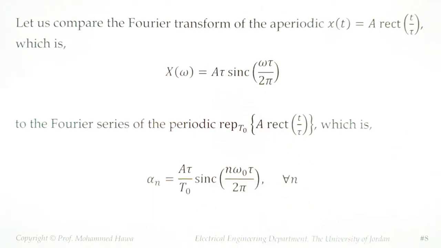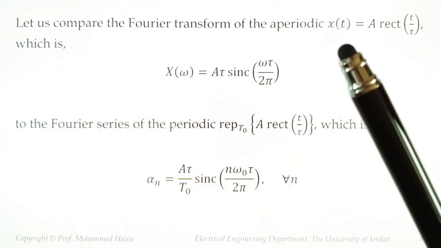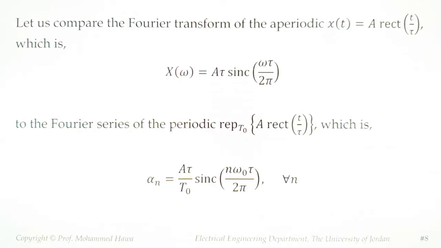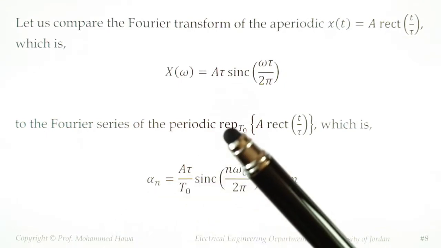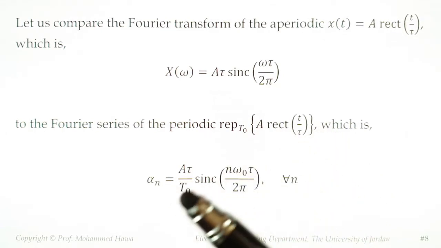It's a discrete variable that is multiple of the fundamental frequency. The observation here is that if you memorize one of those answers, say the Fourier transform of a single rectangular shape, you can easily memorize the Fourier series and hence the Fourier transform of repeated rectangular shape because the modifications are quite simple to do.